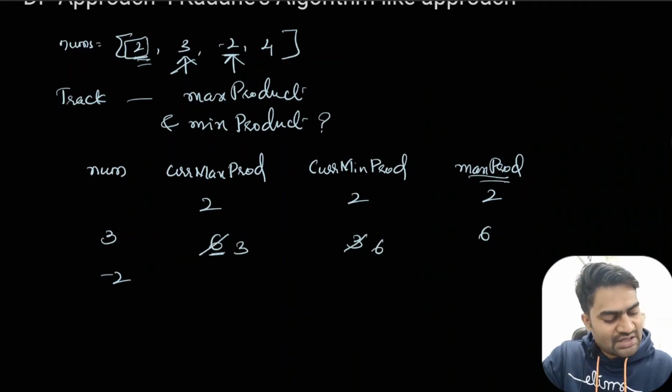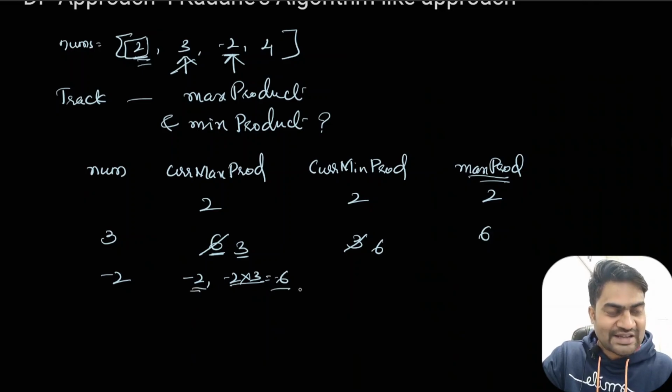So I have swapped. Then I will take the current number, minus 2, and multiply it with my current max: minus 2 into 3, which is minus 6. Correct, right? Now out of these two, which is maximum? Minus 2 is maximum, not minus 6, because these are negative numbers. So I will take minus 2 as my current max product.